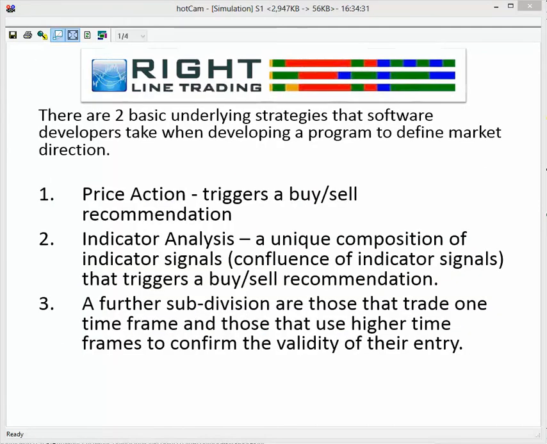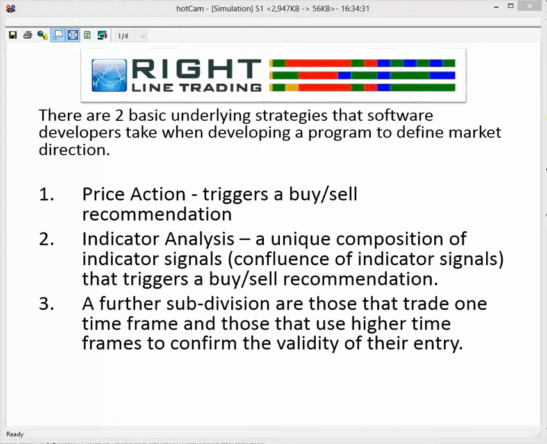Now, basically, there are two basic underlying strategies that software developers take when they develop a program to define market direction. One is based on price action, in which price action alone is used to trigger a buy or a sell recommendation.